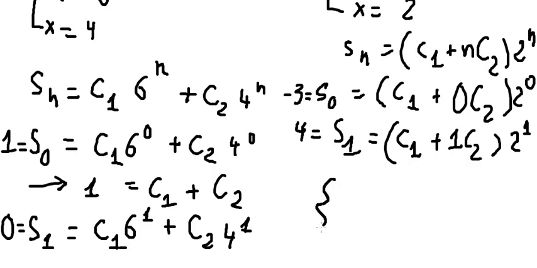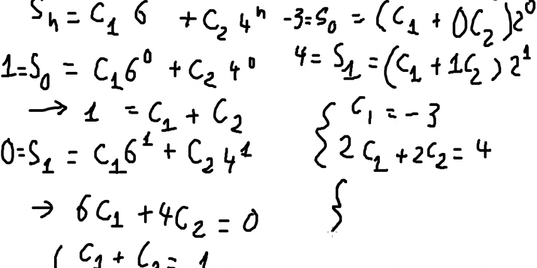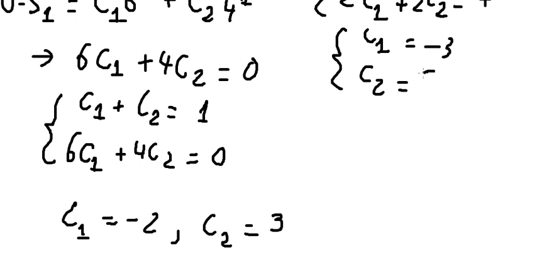So we simplify and we have c number 1 equals negative number 3 and 2c number 1 plus 2c number 2 equals number 4. And now we can find the solutions of c number 1 and c number 2, that is negative number 3 and number 5.